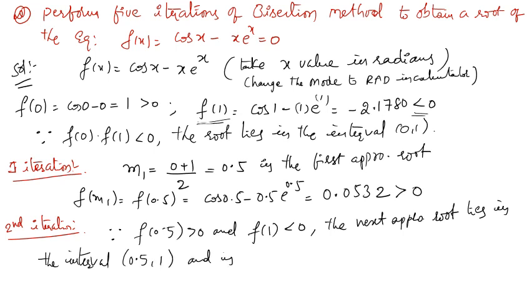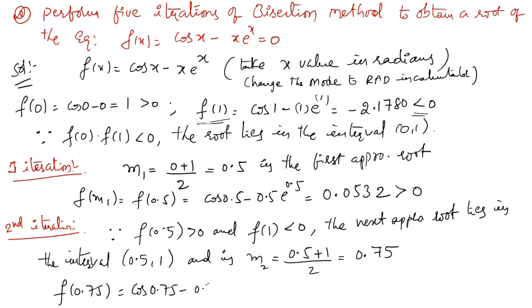Bisect this interval, that is m2 equal to 0.5 plus 1 over 2, so this is 0.75. Now find f of 0.75, that is cos 0.75 minus 0.75 e to the power of 0.75, and this value is minus 0.8561. Now f of 0.75 is negative, and f of 0.5 is positive, right?